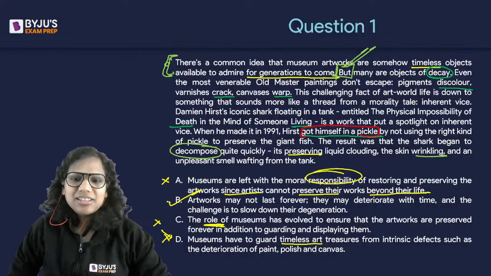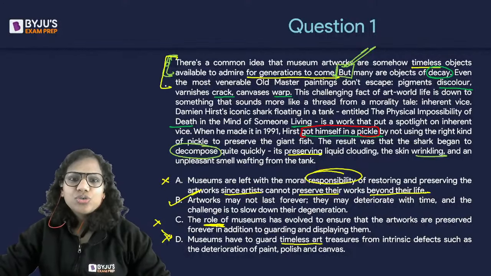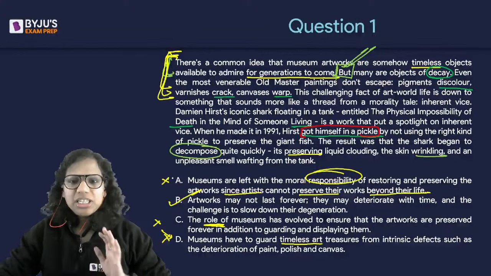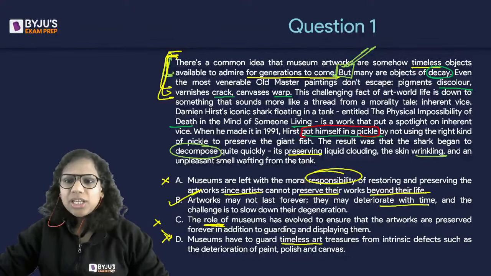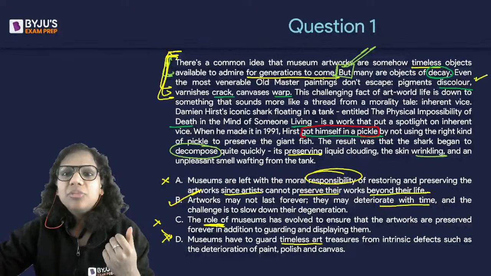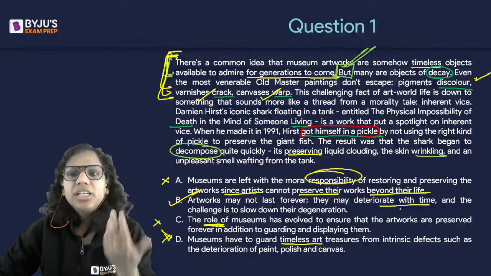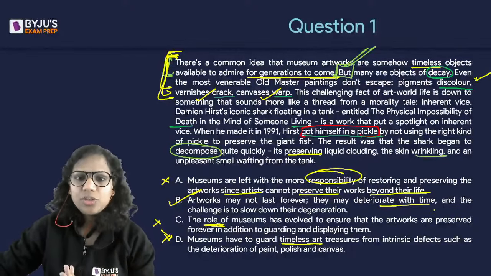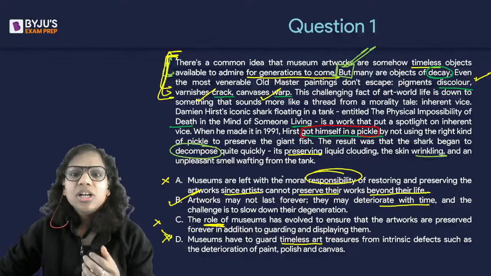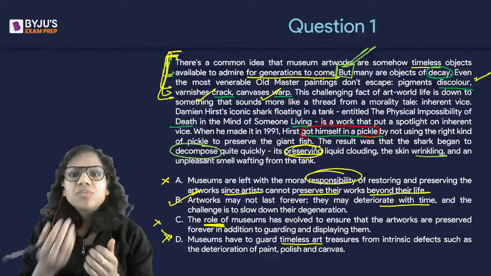B is the answer here. The artworks may not last forever. This is something that the author wants to emphasize right in the beginning. They may deteriorate with time, something that the author time and again shows through words like pigments discolor, varnishes crack, canvases warp. The challenge is to preserve them, isn't it? What is meant by preservation?